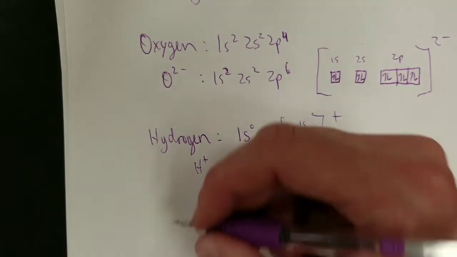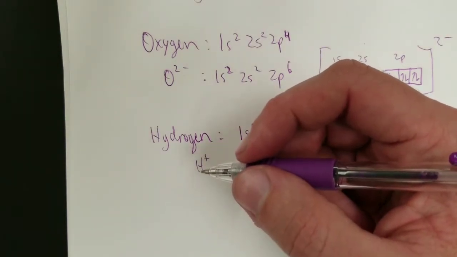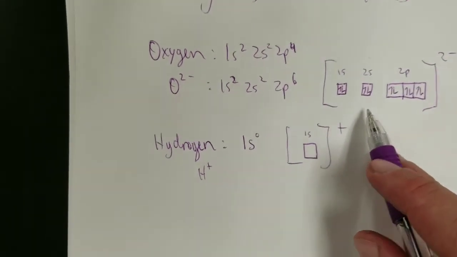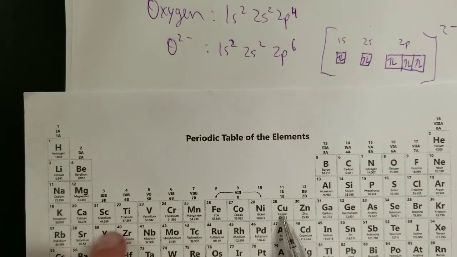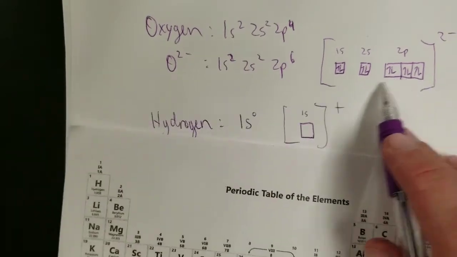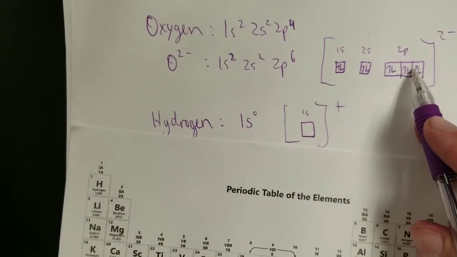Same thing. For the big ones, like copper, arsenic, bromide or iodide, you do the exact same thing. You just do the configuration, the diagram, and you add or subtract the correct number of electrons.